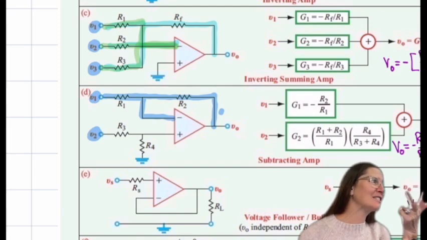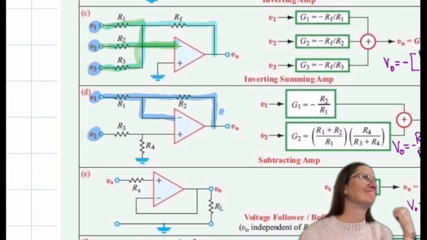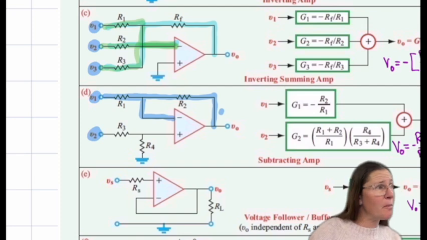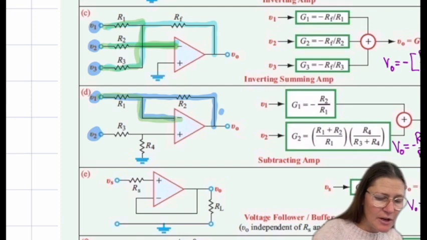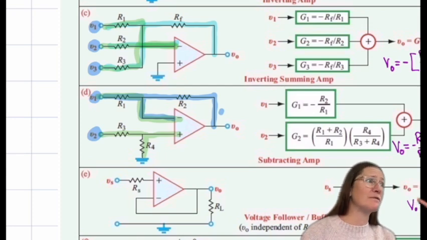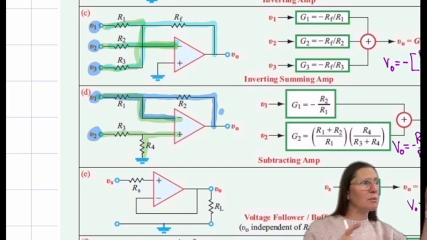The 3 options are inverting summer, non-inverting summer, and difference or subtraction, okay? With 2 of them, I see that 1 pathway goes into the negative side and 1 pathway goes into the positive side, so I have 2 that are different. That's what determines that it's a difference or subtracting amplifier. So having them on 2 different input sides, that's what gives you the difference.